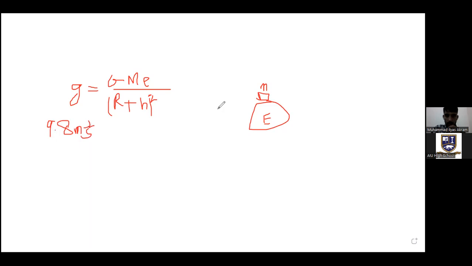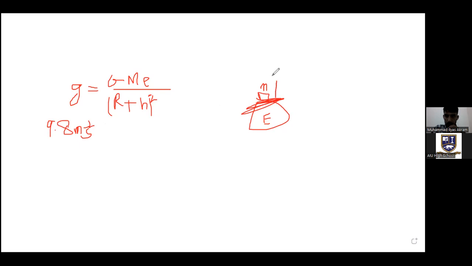This value of g becomes lower and lower as this mass goes up in altitude. On the surface of the Earth, this value is equal to 9.8 meter per second square.